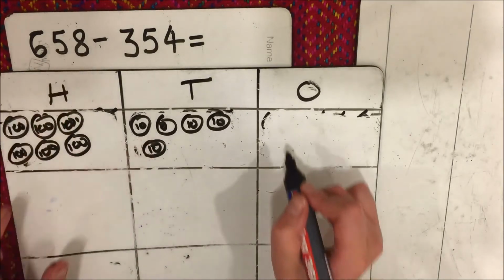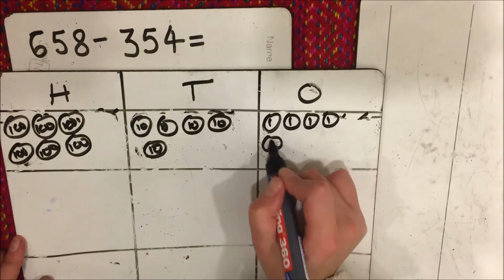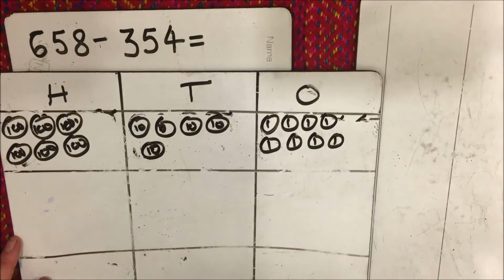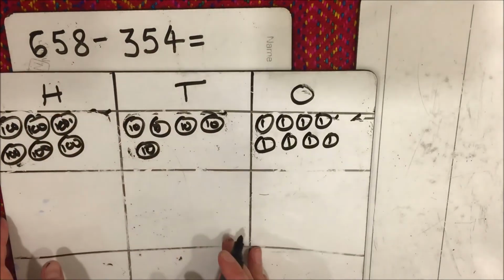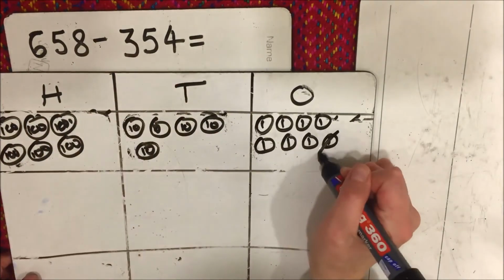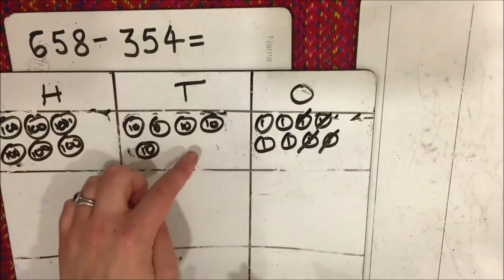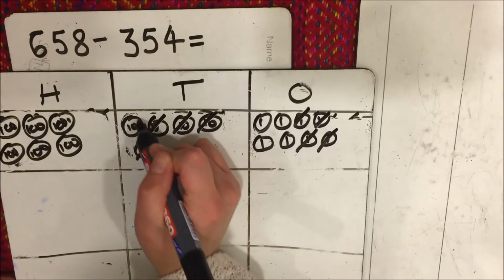How many ones? 8 ones. 1, 2, 3, 4, 5, 6, 7, 8. Now to take away, I need to cross out. So 354. I need to take away my 4 ones. 1, 2, 3, 4. Now go to my tens. 5 tens. 1, 2, 3, 4, 5.